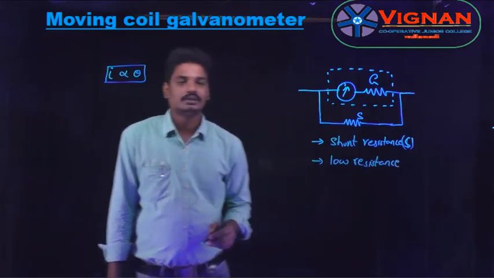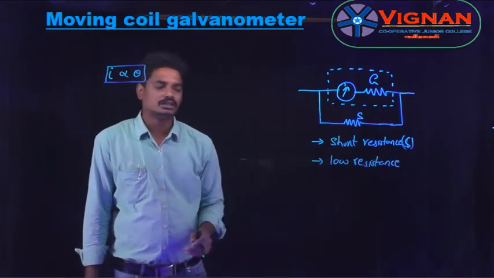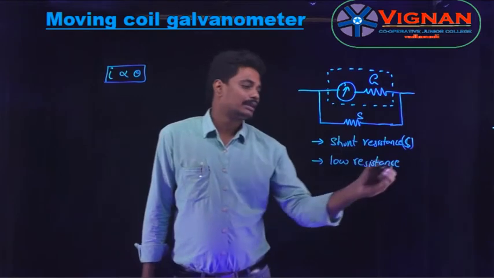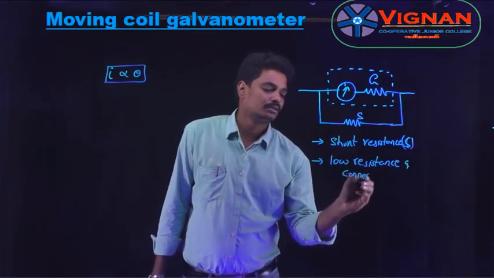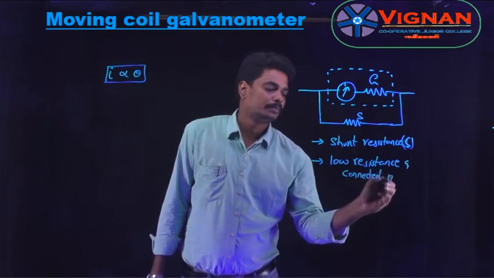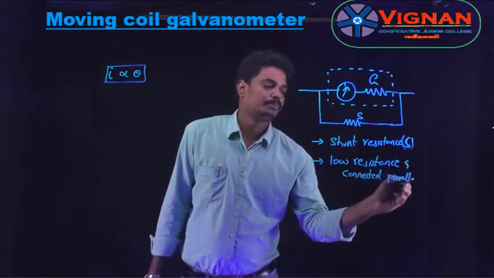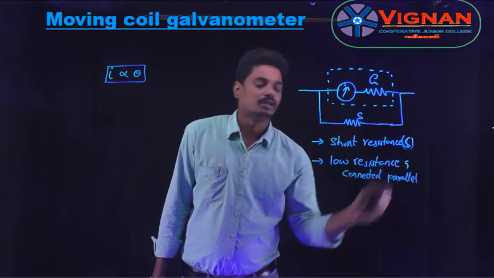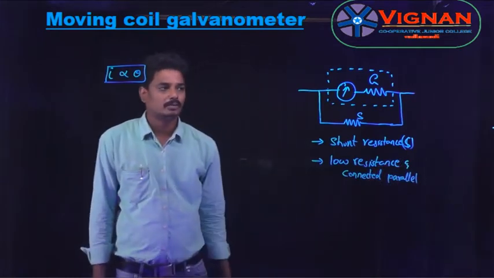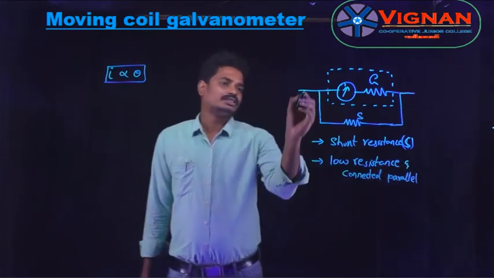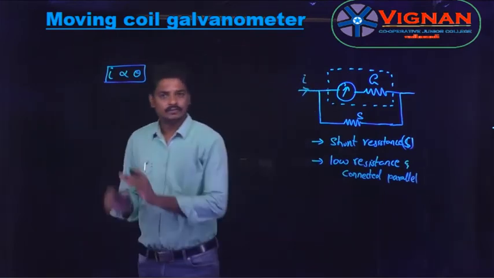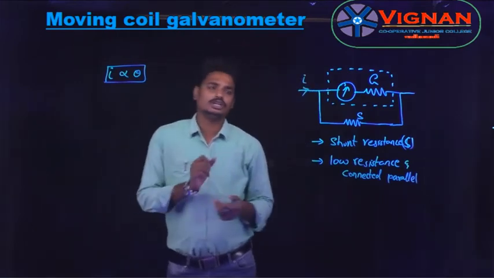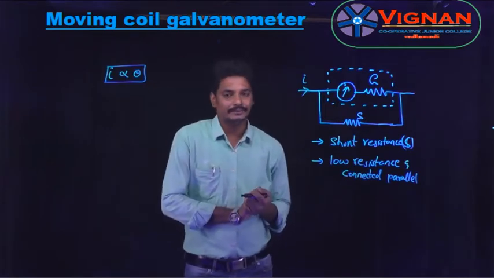The value of the resistance is very small, and it is connected in parallel to the galvanometer. Initially let I be the current that is flowing in the circuit. We need to calculate the value of the current I.